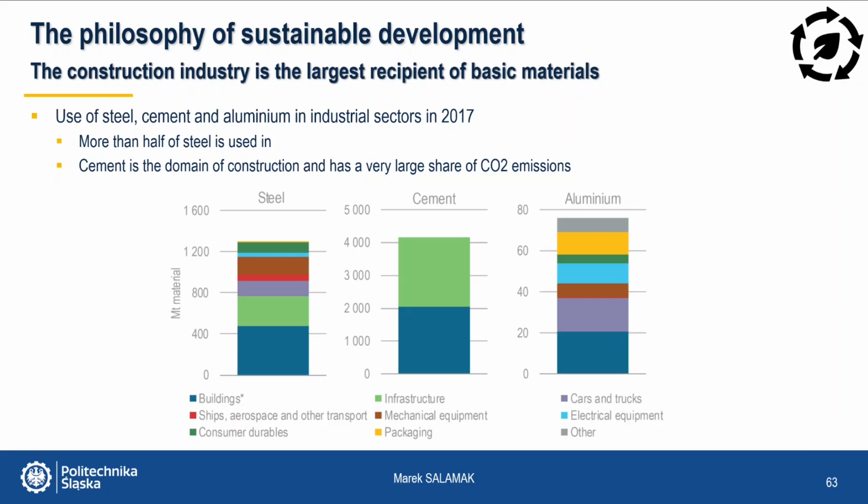Meanwhile, cement, which is already the construction domain, has a substantial share in CO2 emissions. That is why many research centers are currently working on reducing the energy consumption of cement, for example, by using alternative fuels and extending the life cycle of design and existing facilities.